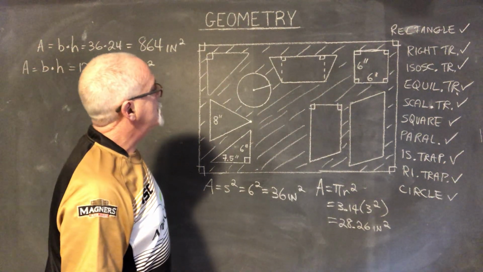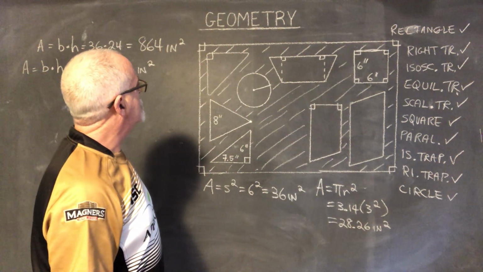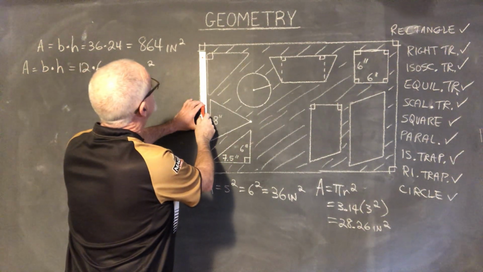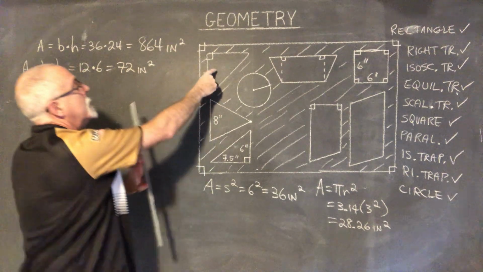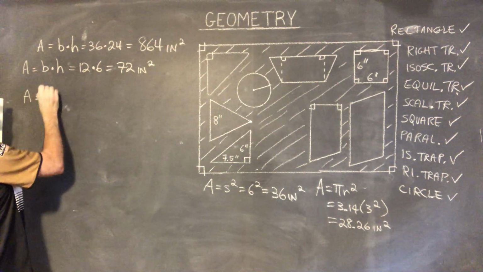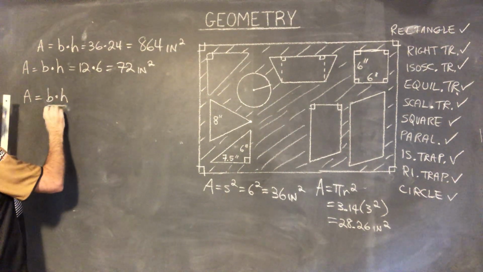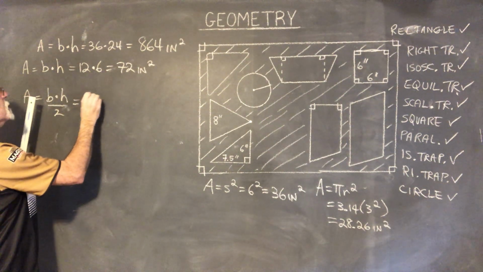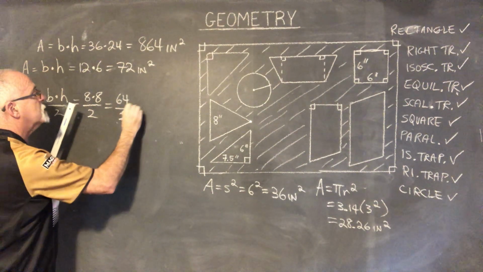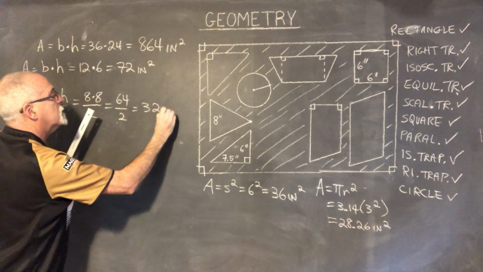Now, what should I do next? This triangle. That is 8 inches, and it is isosceles, so the base and the height are both 8 inches. Area equals base times height over 2, which is 8 times 8 over 2, which is 64 over 2, which is 32 square inches.